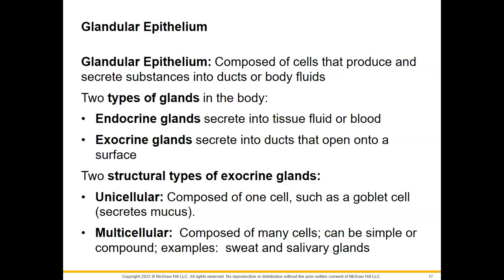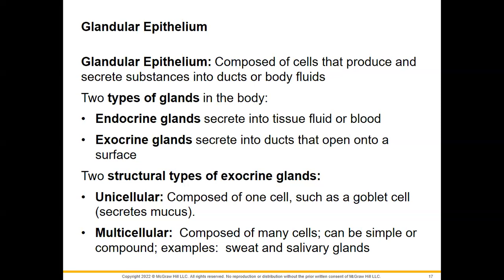Now let's start talking about glandular epithelium. We already mentioned a couple times that there were certain types of cell shapes that you'll find associated with your glands. So now let's learn a little bit more about the structure of our glands.